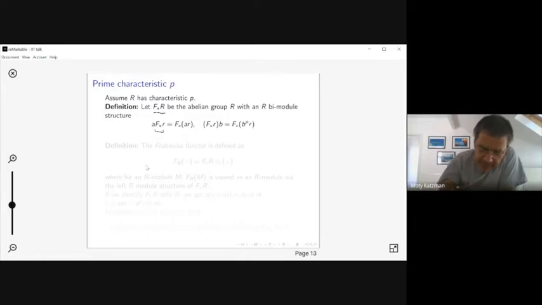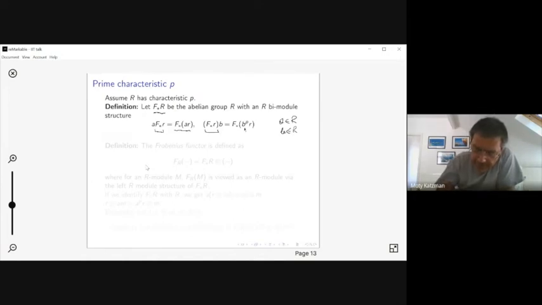So an element A in R multiplying an element F lower star R in F lower star R gives you F lower star A times R. But then if I take a B in R and I multiply this element on the right by B, it jumps into F lower star with a Pth power.